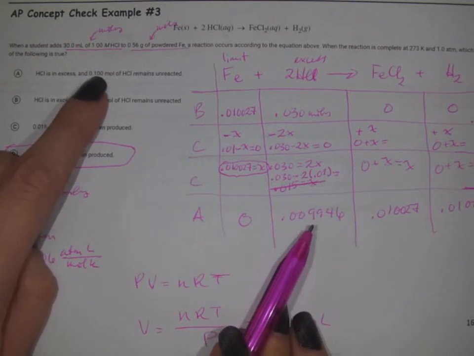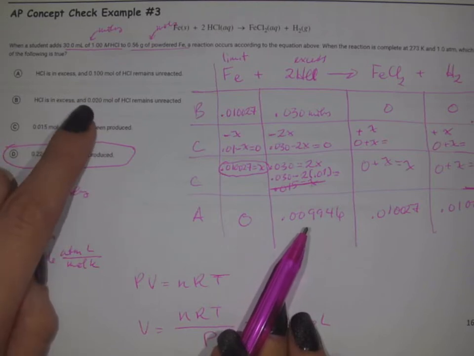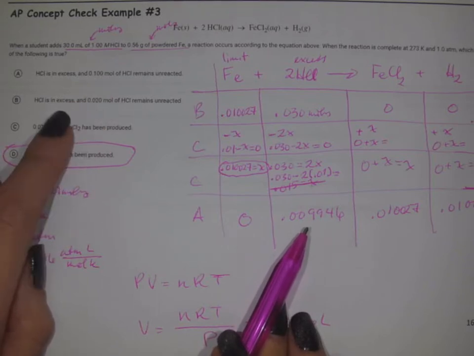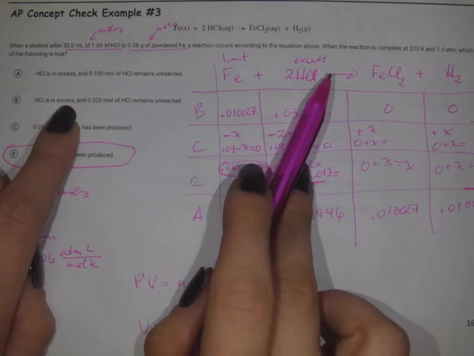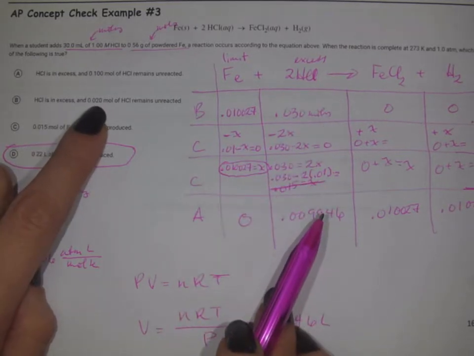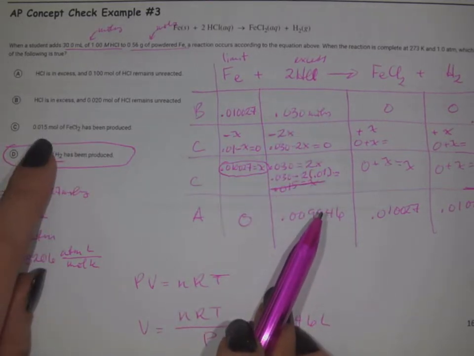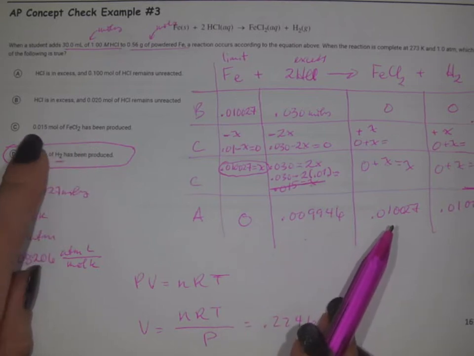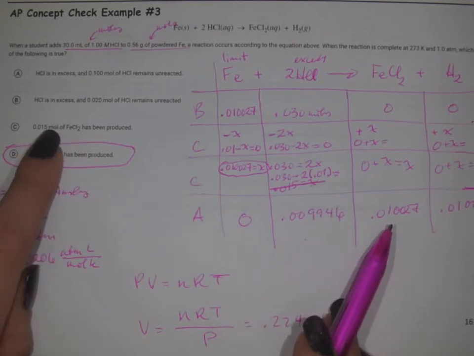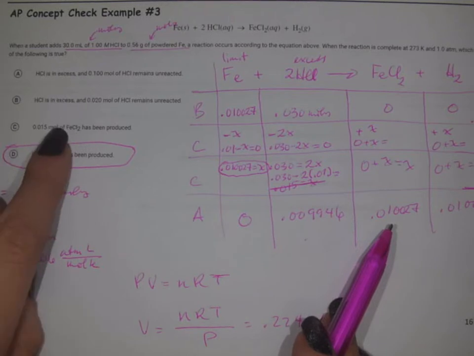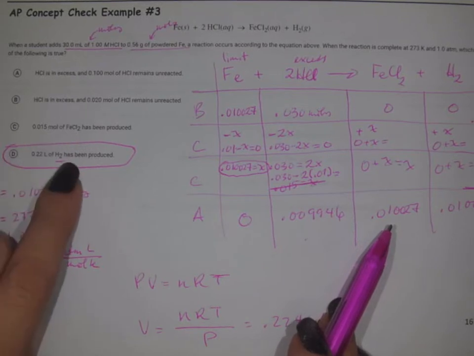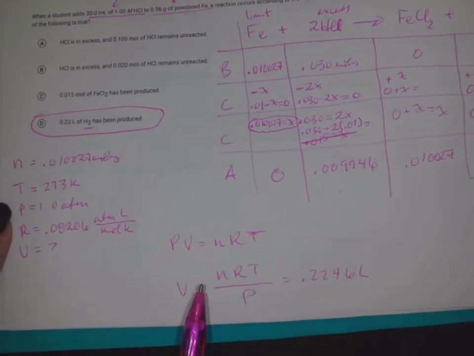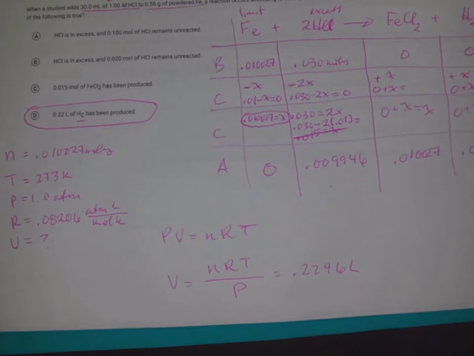I was like, ooh, did we get a mistype there? And then we had HCl is in excess. Yes, it is, but we did not produce 0.02 moles. And then we did not produce 0.015 moles of this. So by knowing that all of those were wrong, we can assume that the answer is D, and then if we have time, we can check using PV equals nRT.